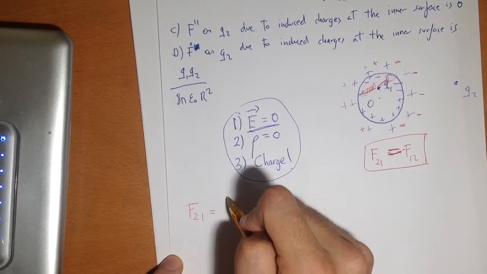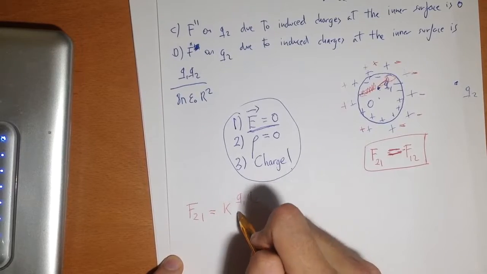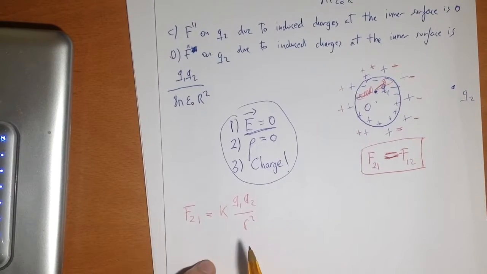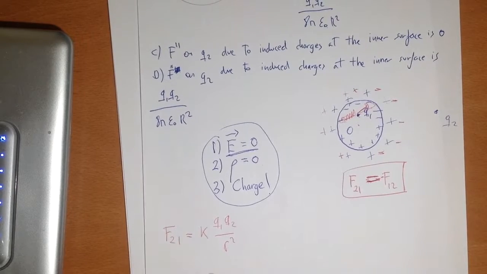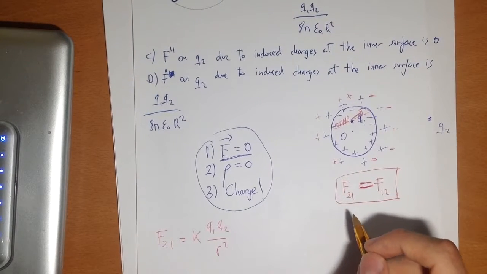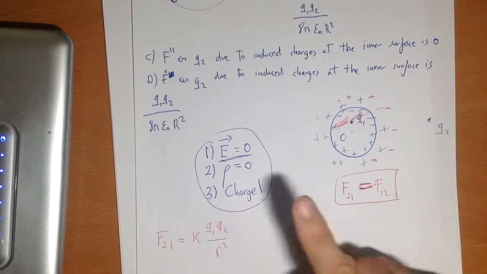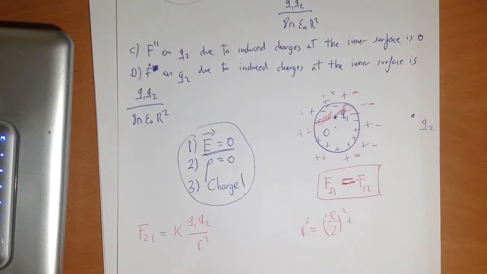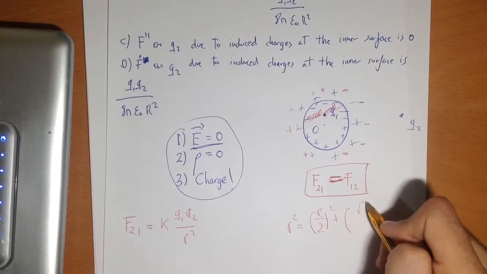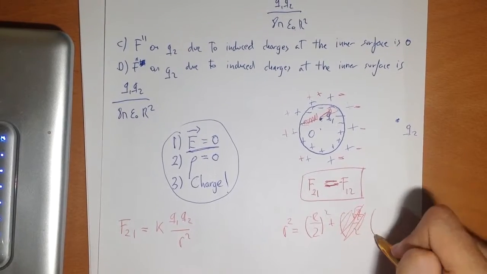We have K, Q1, Q2, and r. What's the distance between both charges? Let's compute it. This is just a simple calculation.